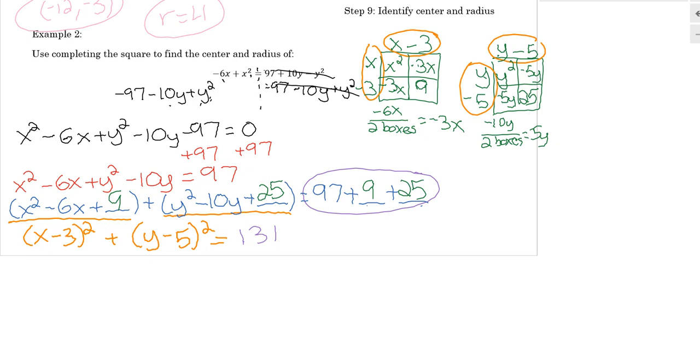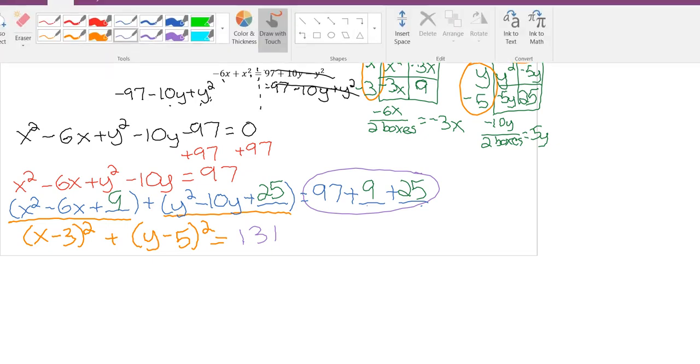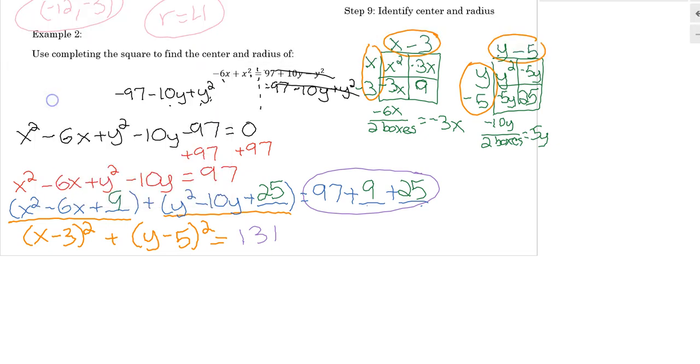So, last step, find our center and our radius. Center, what's with x? What's with y? Okay. Then r squared equals 131.